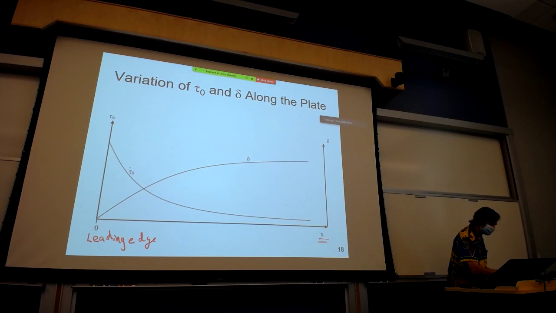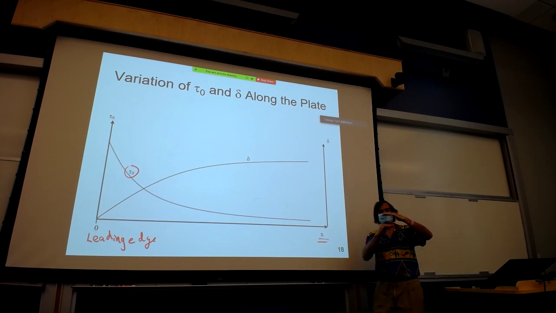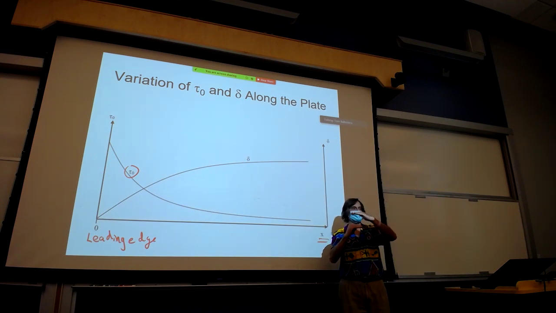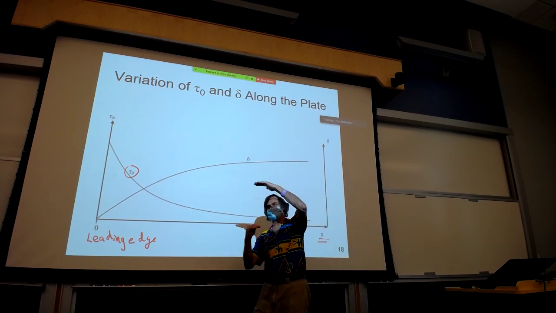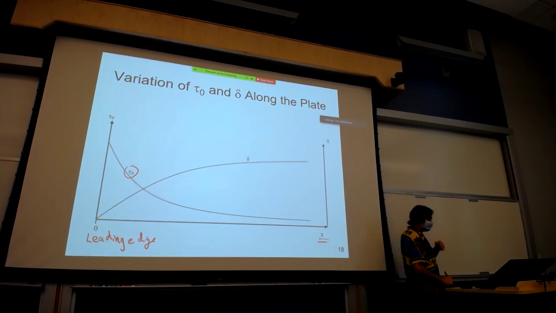And what you see is, as we recognize, the shear stress is the largest at the leading edge. Because again, you're going from the plate velocity to the free stream velocity over a very small distance. As we move along the plate, du stays the same, plate velocity to free stream velocity, but the distance between them, dy, keeps increasing. And so the shear stress goes down.